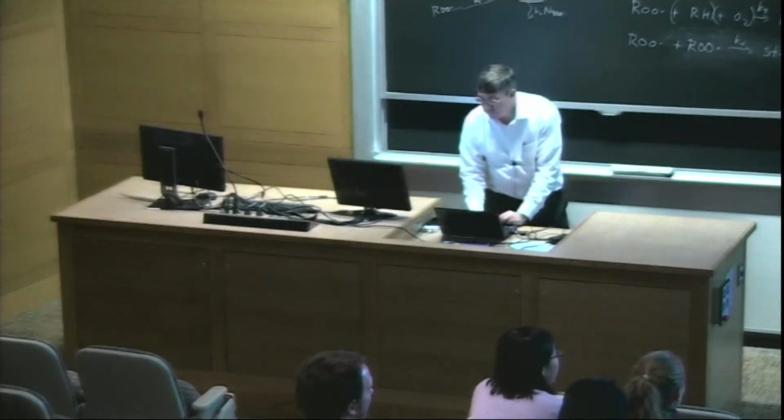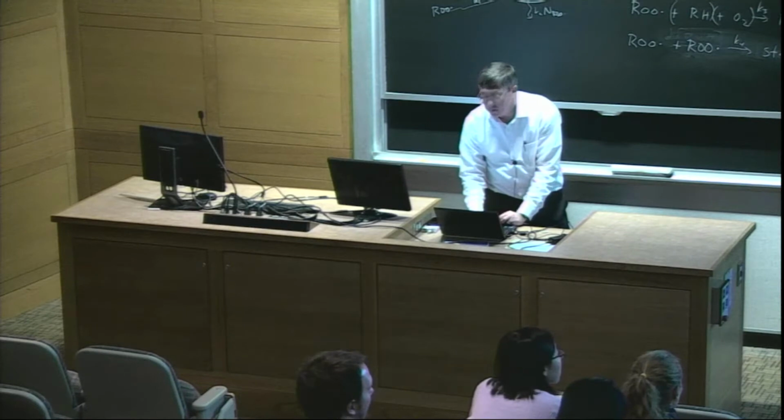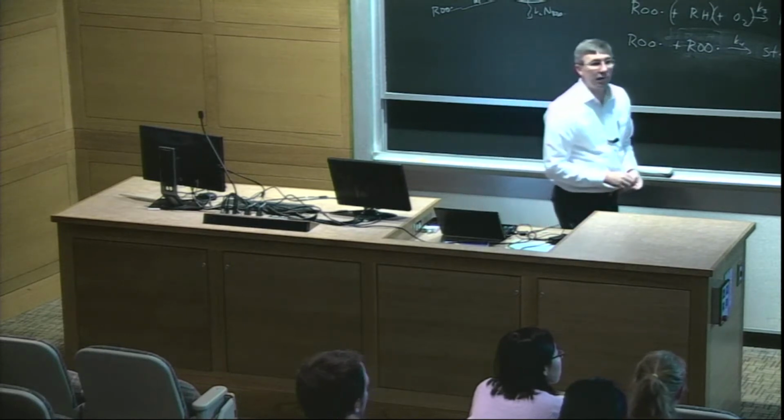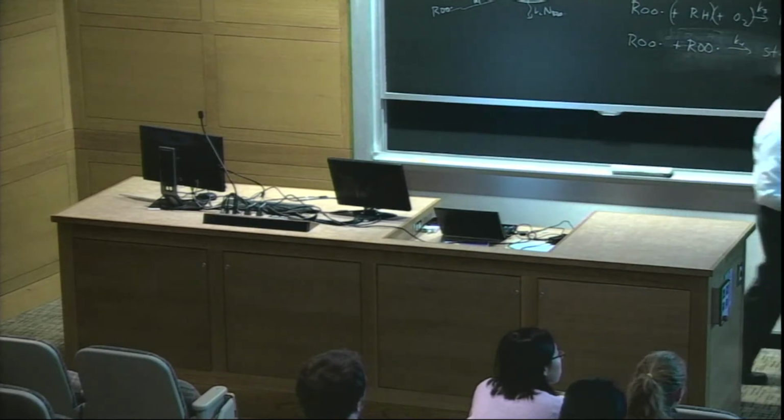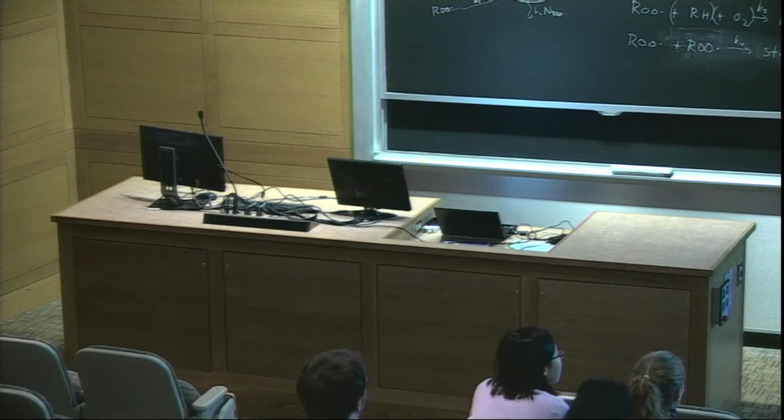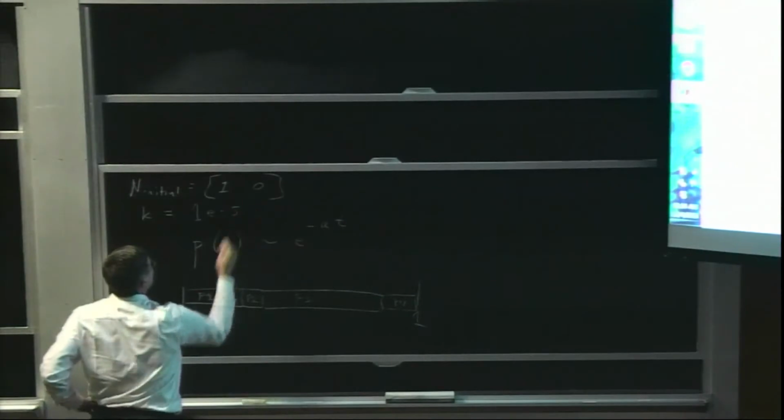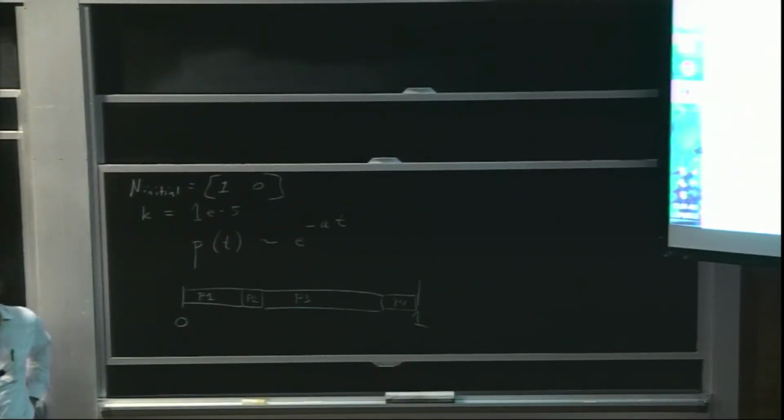So let's think about what's reasonable for the k's. So I think we can make the k for the stuff diffusing in very, very small. So I don't know what number we're going to make it. It's 1e minus 5, something. So that's small. Only once an hour. It might be a little bit too small.